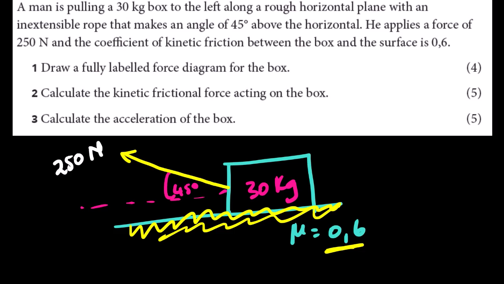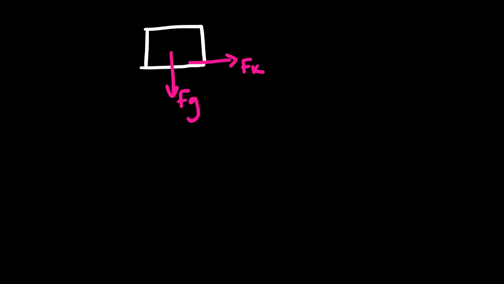It says draw a fully labeled force diagram for the box. Now I will further extend this question and say also a free body diagram. Now talking about a force diagram, since we have the coefficient, we have kinetic friction moving this direction, and then we have our weight, which is Fg, and then we have our normal force since it's on top of a surface.